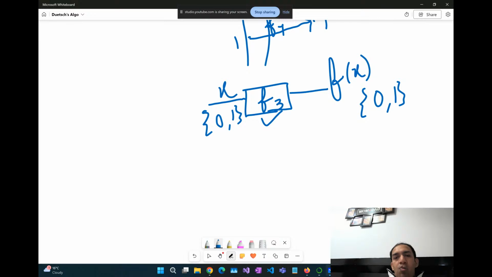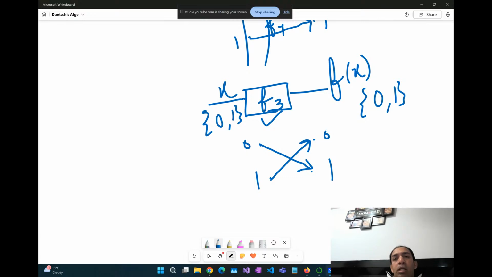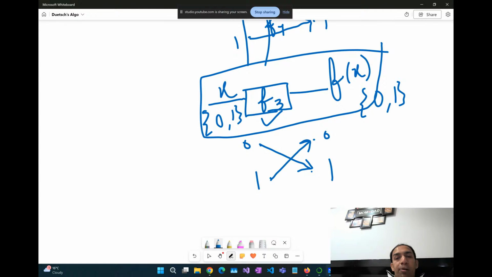But for that, you again have to recall the mapping of input and output. So imagine you have 0, 1, and 0, 1 again. Now, if you give input as 0, then you will get an output of 1. You give input as 1, then you will get an output of 0. So, in this case, you can represent this particular basic classical circuit using a matrix.